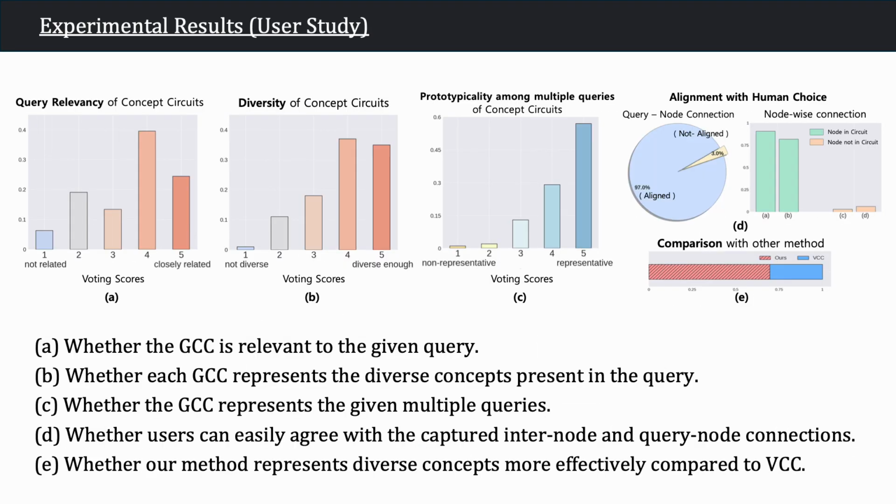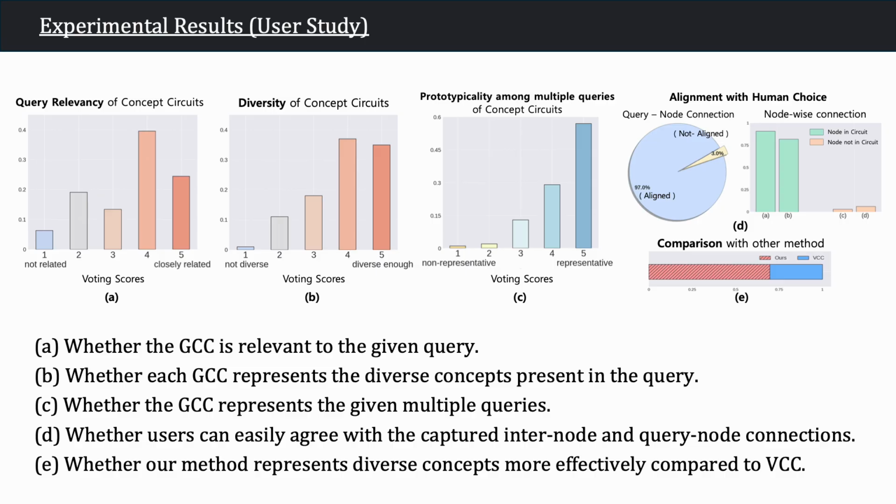We also conducted a user study with 33 participants to assess how well the circuits discovered by our method aligned with human perception. Participants were asked to evaluate the granular concept circuits based on three aspects: query-relativeness, diversity, and prototypicality.